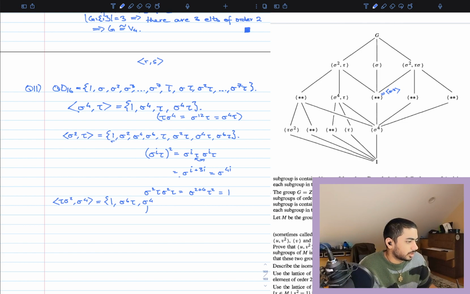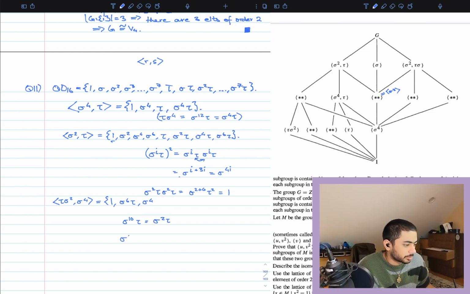And what happens when you multiply these two things together? Well, you could do it in a couple different orders, right? You could do sigma 4, sigma 6, so really it's sigma 10 tau, which is the same thing as sigma squared tau. Interesting. What happens if you swap the order?